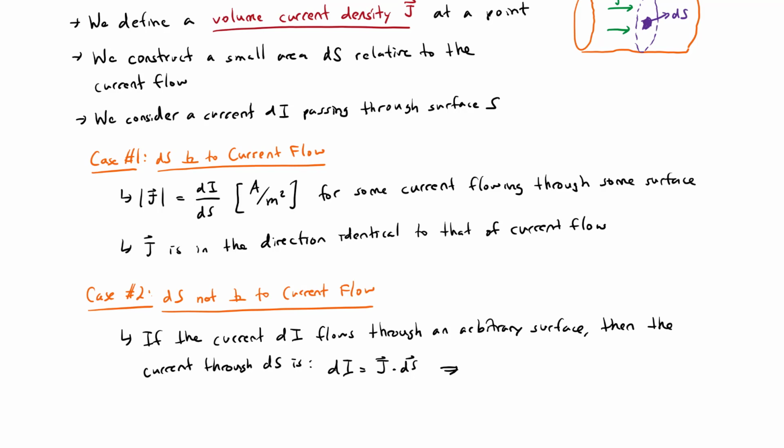So therefore, we can calculate the total current, and that's going to be I is equal to the surface integral of J dotted with ds. So we're simply just integrating di.